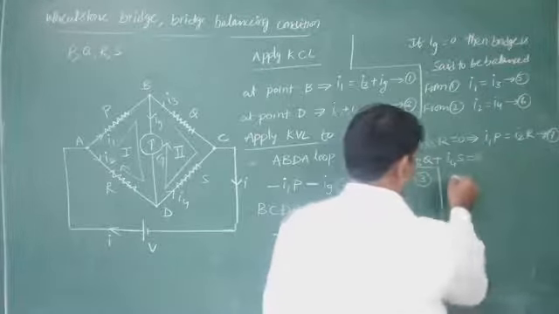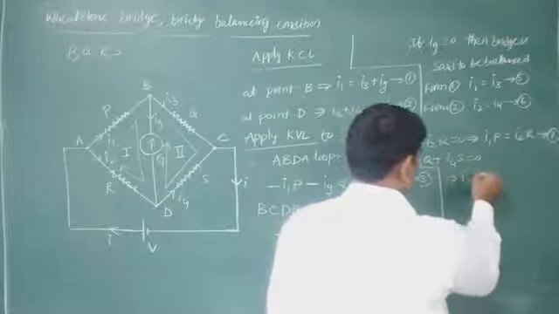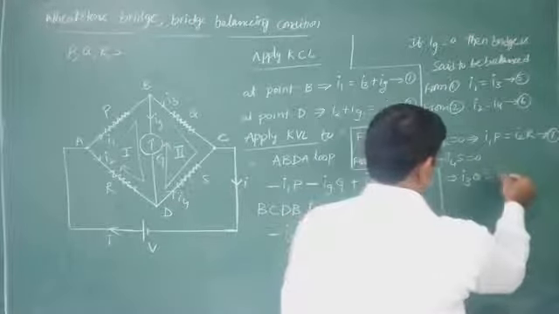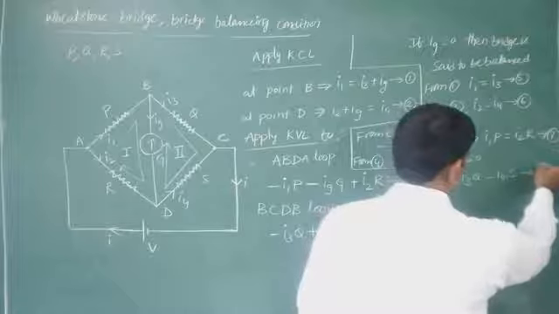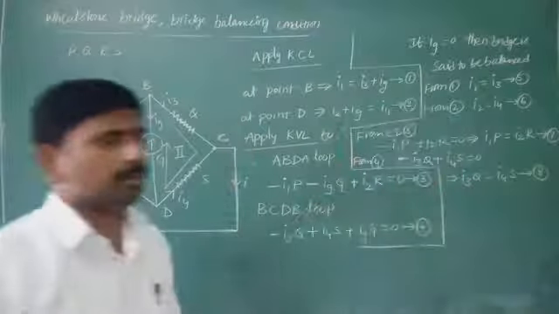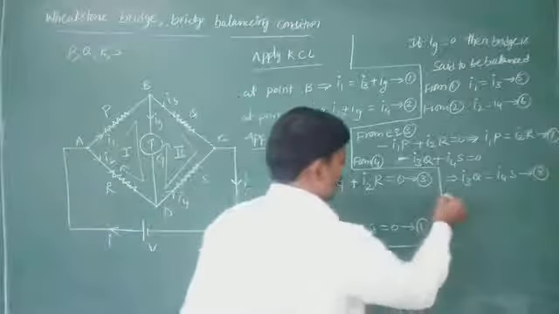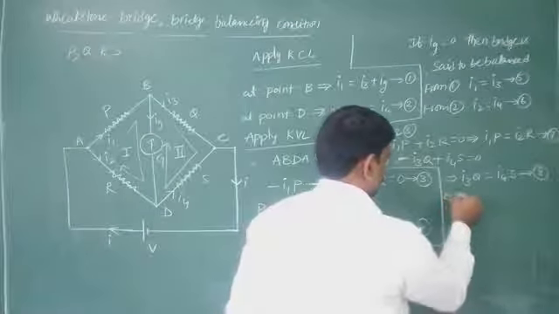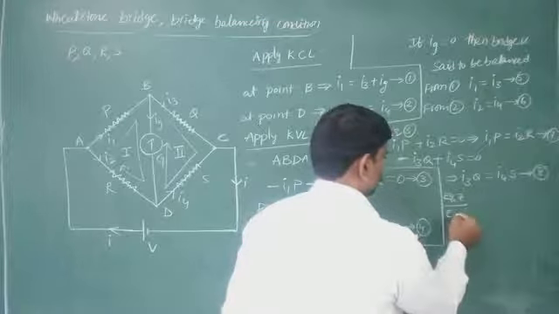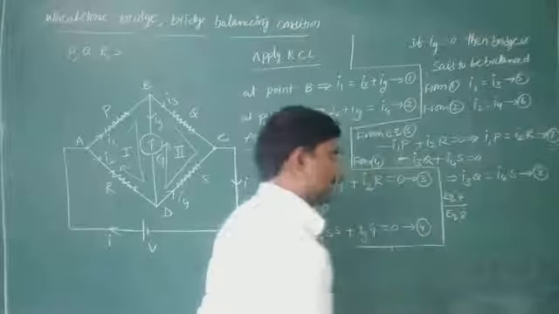That implies I3 into Q is equal to I4 into S. That is equation number 8. Now, equation 7 by equation 8, try to observe.